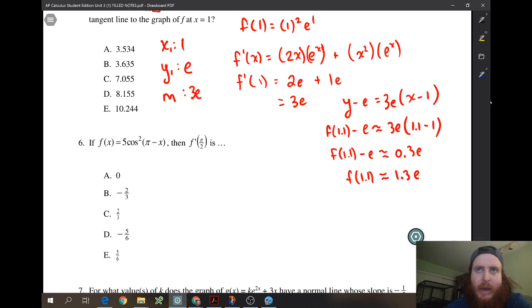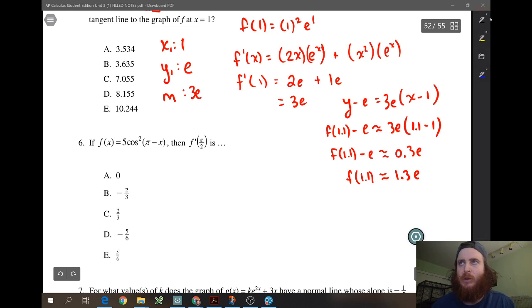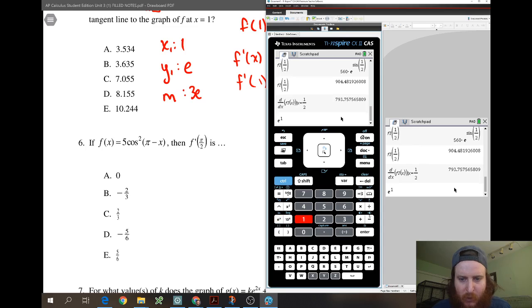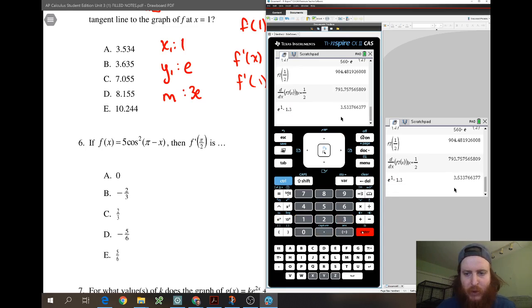Okay? And I know these are all decimals. You'd have to type this into a calculator for this one. On the exam, we're not going to have any decimals, so you're not going to need to worry about this. But if you go to a calculator and type it in, my graphing calculator here is just basically e to the first power times, we said 1.3, that gives us 3.534.